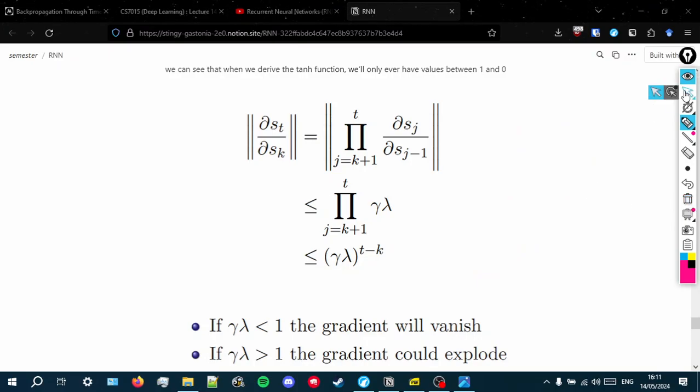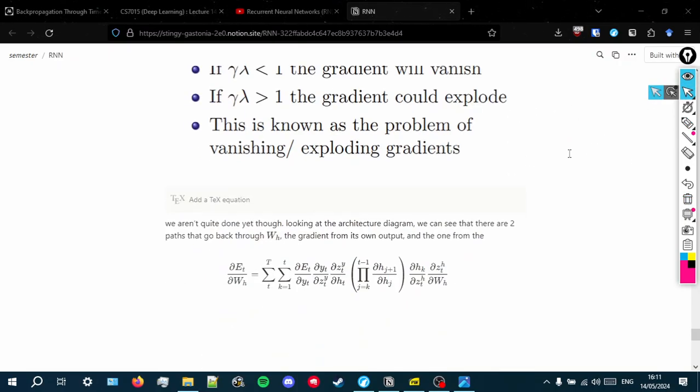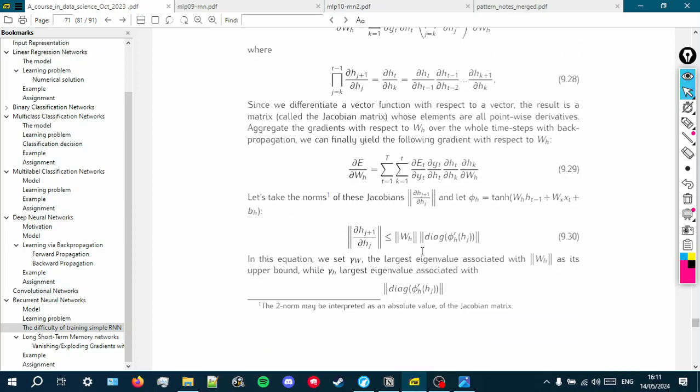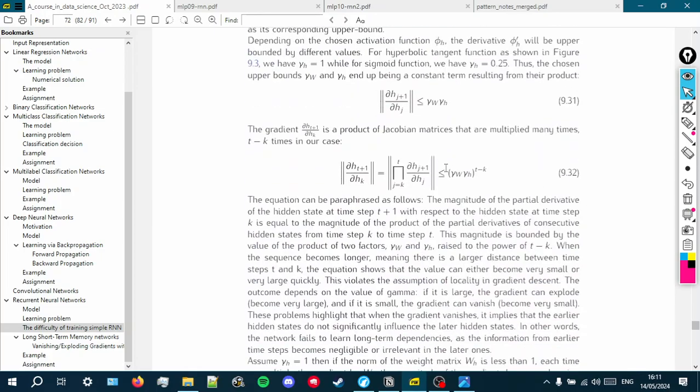So this is the main problem: if our gamma and lambda are greater than 1, we are going to have an exploding gradient, where it's massive to the point where, thinking back to gradient descent, we're taking a lot of really big steps and not really reaching an accurate minimum.